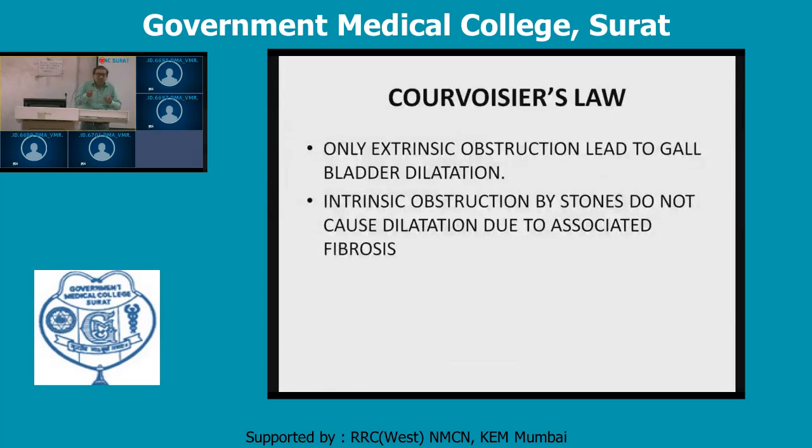Internal obstruction by a stone usually doesn't cause dilatation, because there is associated fibrosis of the gallbladder wall, so the gallbladder will not be dilated. Only with external pressure will gallbladder dilatation be there.